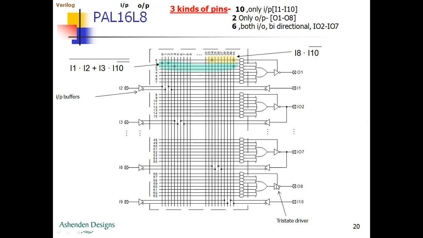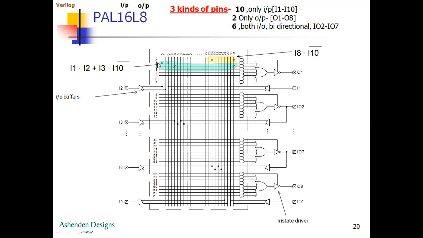So you can understand the function of this control line. For all the tri-state drivers, if the control is active, I can have the output of the OR gate in terms of the SOP, sum of product expression. And if the control line is not activated, the output will be in the high impedance state.